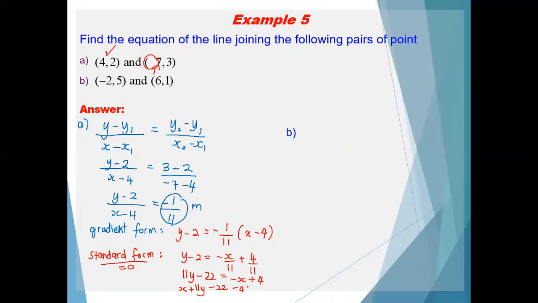Okay, so minus 4 equal to 0. So that will be x plus 11y minus, okay, negative 22 minus 4 akan dapat minus 26 is equal to 0.